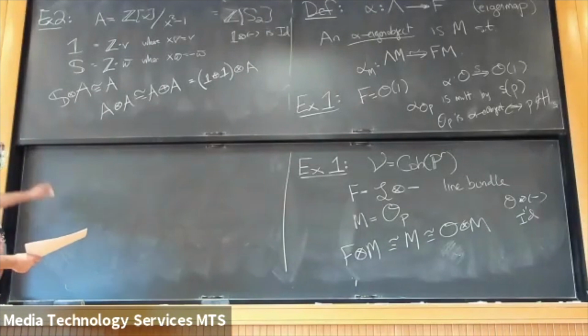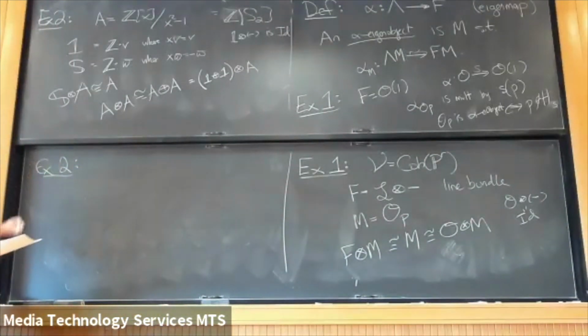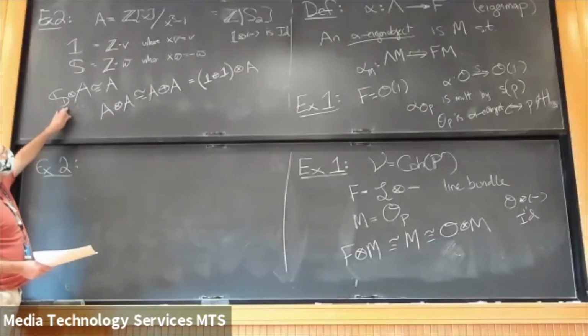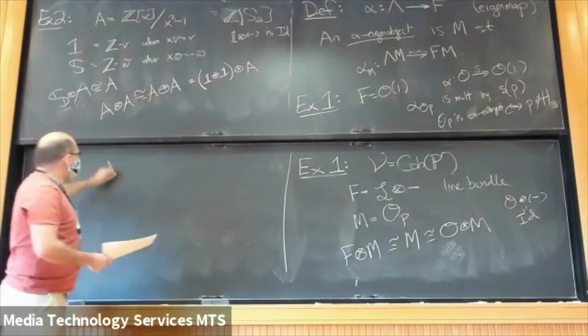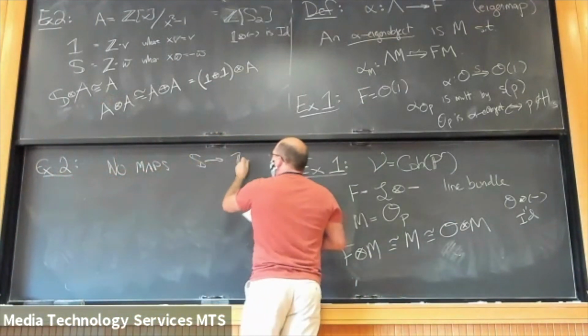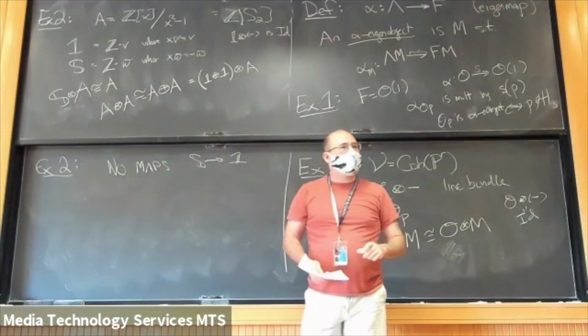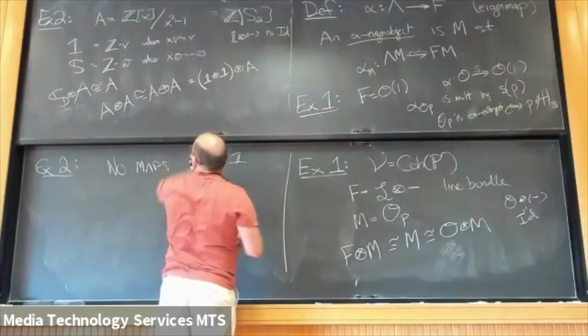Okay? Example 2. So here, tensoring with S had eigenvalue the identity. But there's no maps from the sign representation to the trivial representation. And similarly, this had eigenvalue 2.